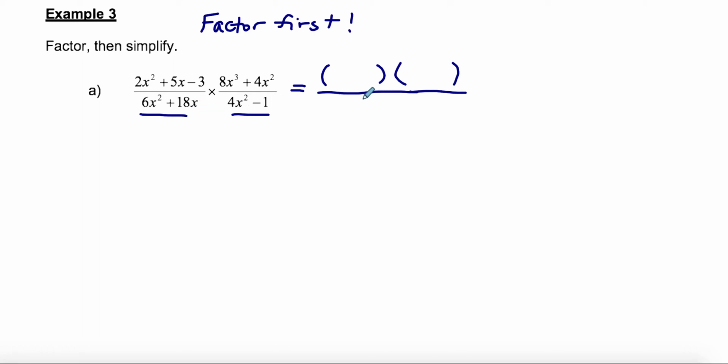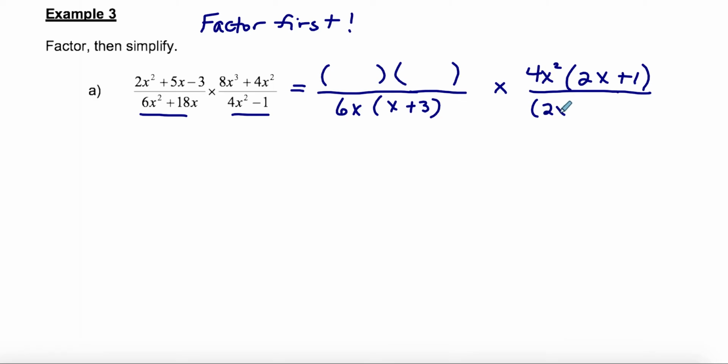I see a common factor in the denominator of 6x, and I'd be left with x plus 3. I see a common factor in the numerator over here of 4x squared. I'd be left with 2x plus 1. And in the denominator, that's a difference of squares. So I take the square root, 2x plus 1, 2x minus 1.